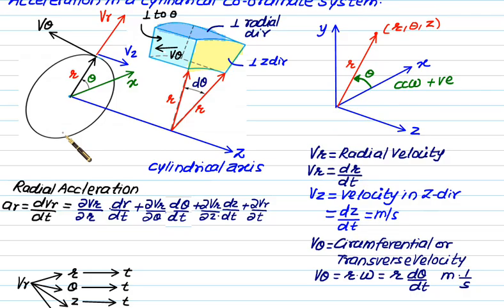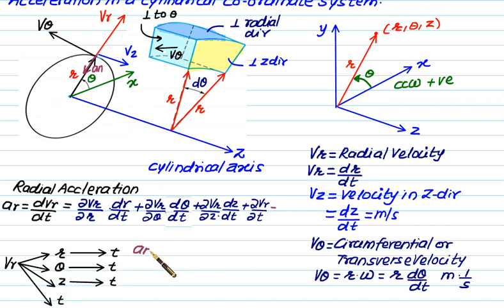If the particle is rotating in a circular motion, then a radial component is also present, and a normal component is also present in acceleration, that will be equal to an. This an is towards the center. Our normal acceleration is given by the tangential component, that is the transverse velocity square divided by the radius r.